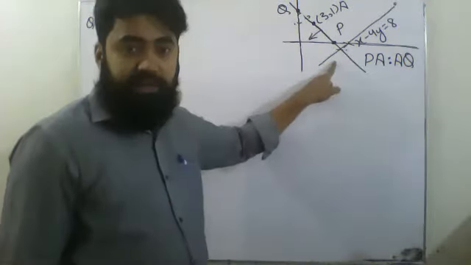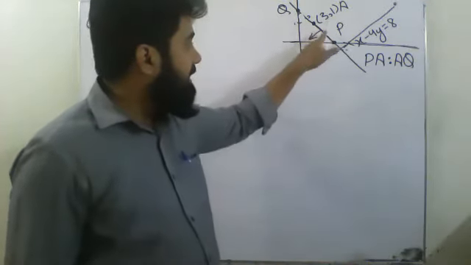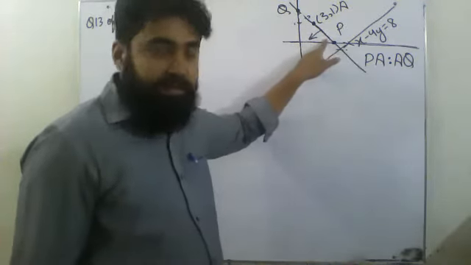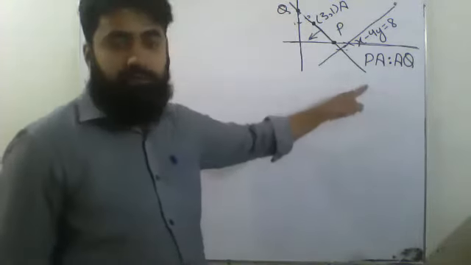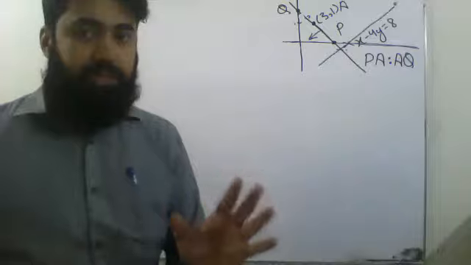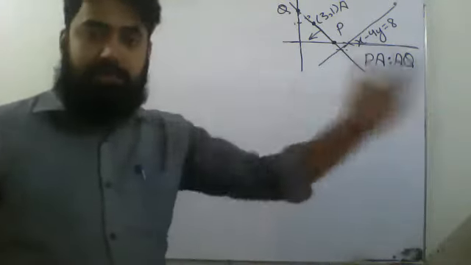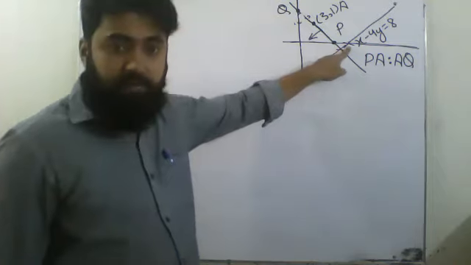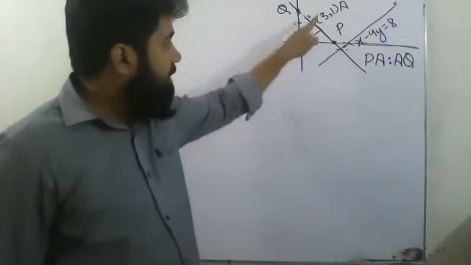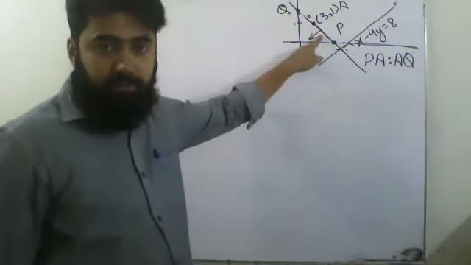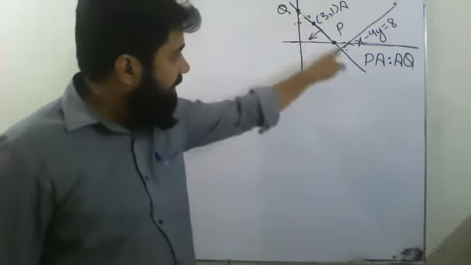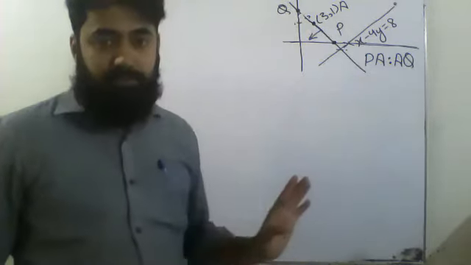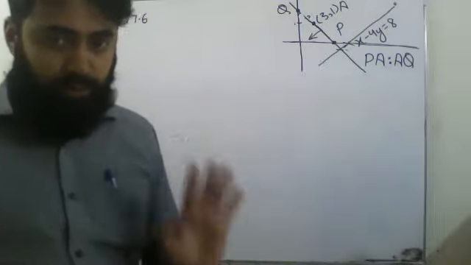I will find the gradient of the given line, use it to find the gradient of this line. That gradient along with this point will be used to find the equation of the line. Okay, this is my first thing I'm telling you. Rest I will tell you later. What I'm going to do first is take the gradient from this line, the negative reciprocal of this one. With this negative reciprocal and this point, I will find the equation of this line. This is the only thing which I'm going to do right now.